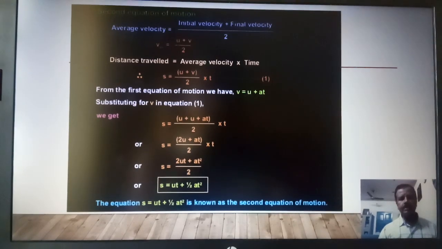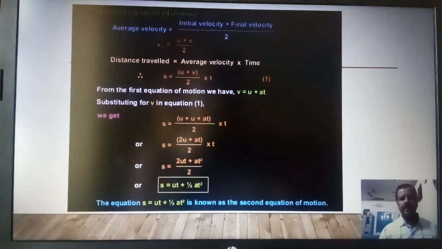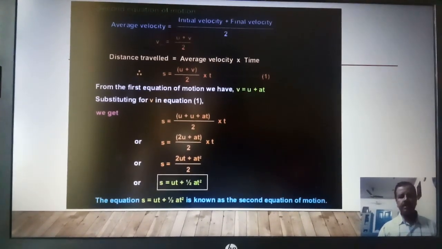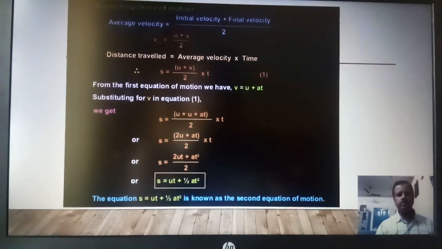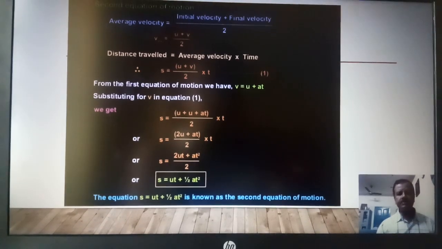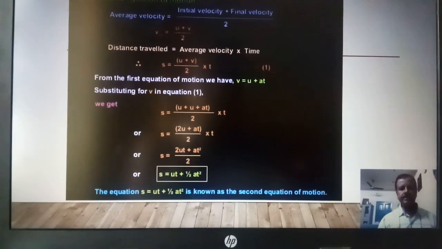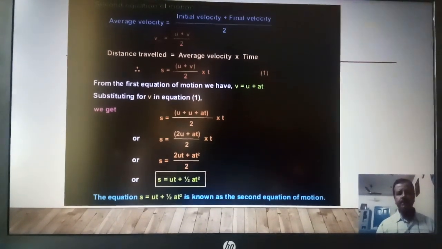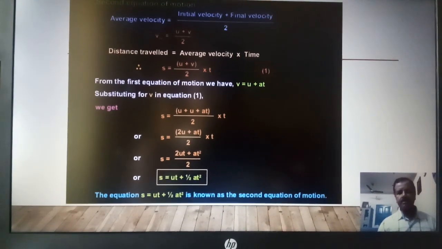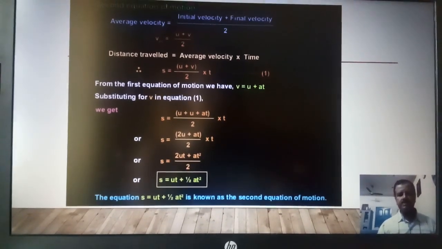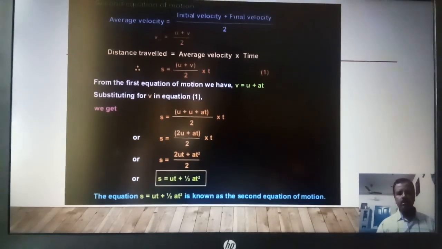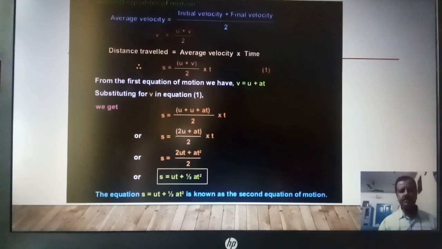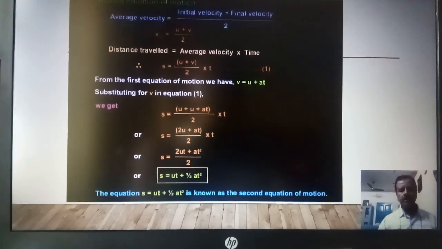So the area under the graph gives us the displacement. Using that concept, if we calculate the area of that trapezium, the graph has the trapezium shape OABD. If you calculate the area of the trapezium, you will definitely get the displacement.